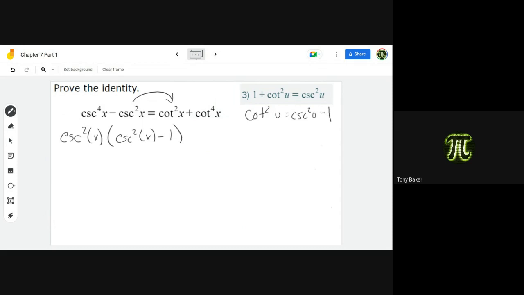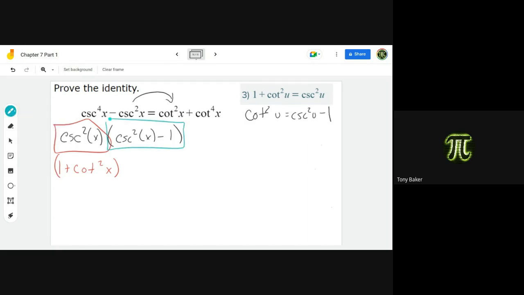Okay. All right. So we're going to change. Well, actually, you know what? I'm going to do colors so we can see. We're going to change this one to 1 plus cotangent squared x.